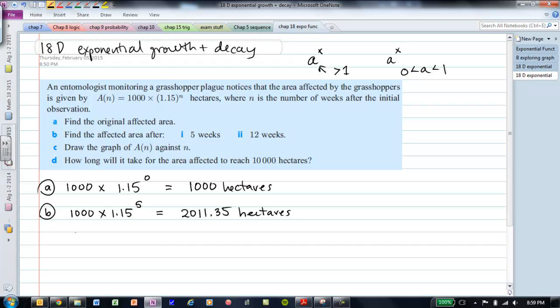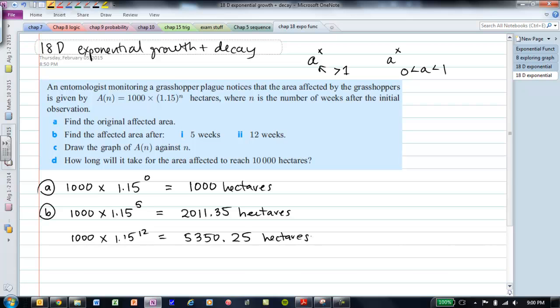And then part 2 of that would be after 12 weeks, so same thing, 1,000 times 1.15 to the 12th, and we get 5,350.25.